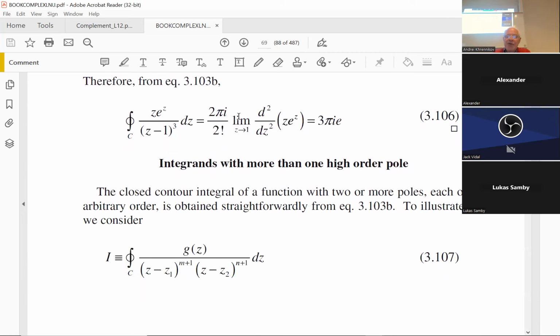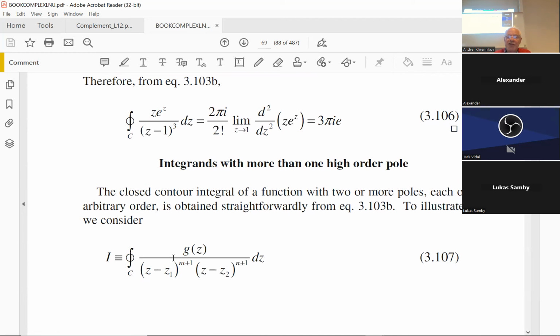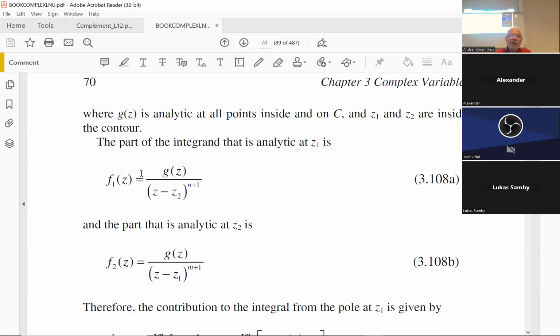If there are more, not only one pole, but a few poles of degrees larger than 1. So, for example, this is the typical function, with z minus z1, z minus z2, where z1 and z2 are different poles. This is a pole of degree m plus 1, and this is n plus 1. So this function is analytic at the first pole.